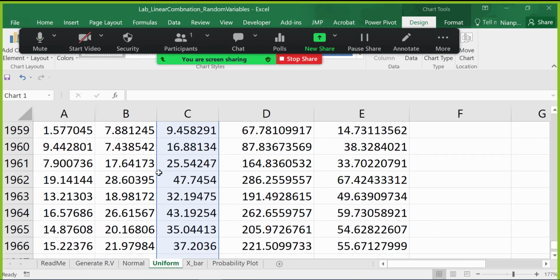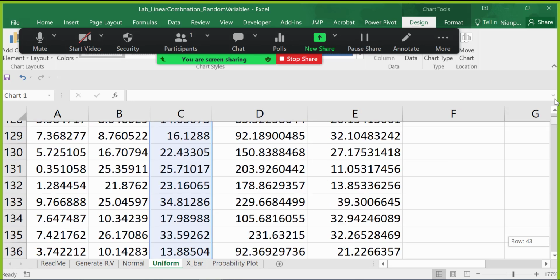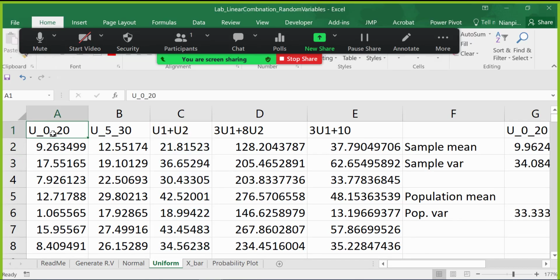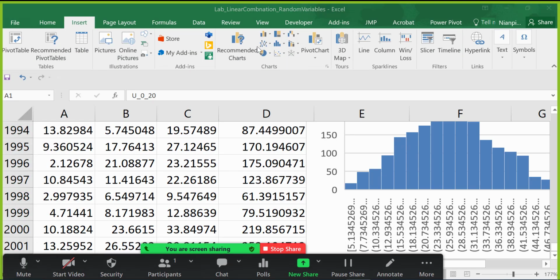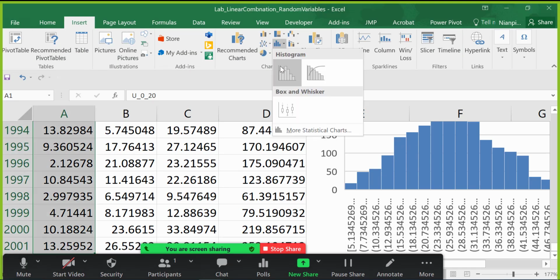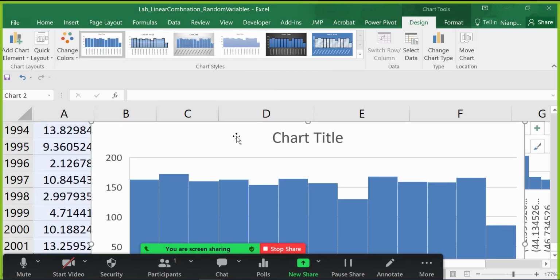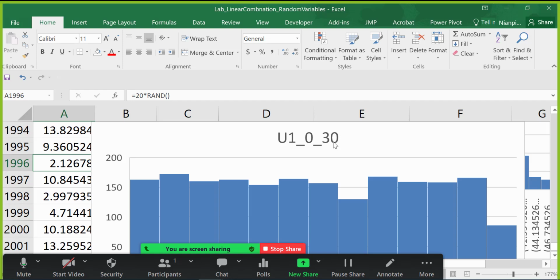See, what is U1? This is U1, the uniform distribution from 0 to 20. Okay, thank you. 0 to 20.